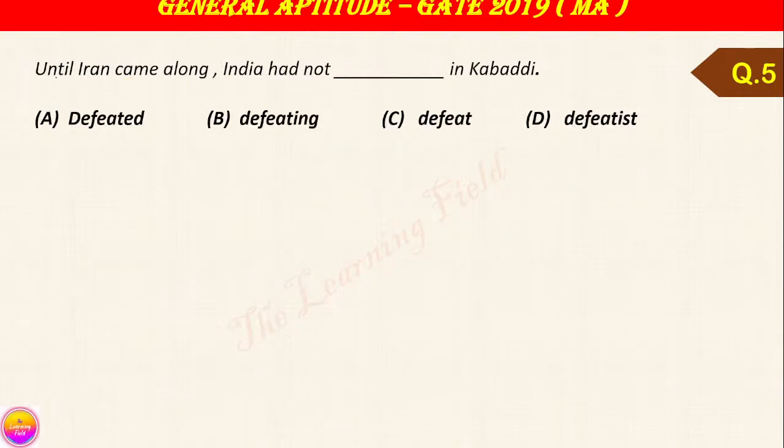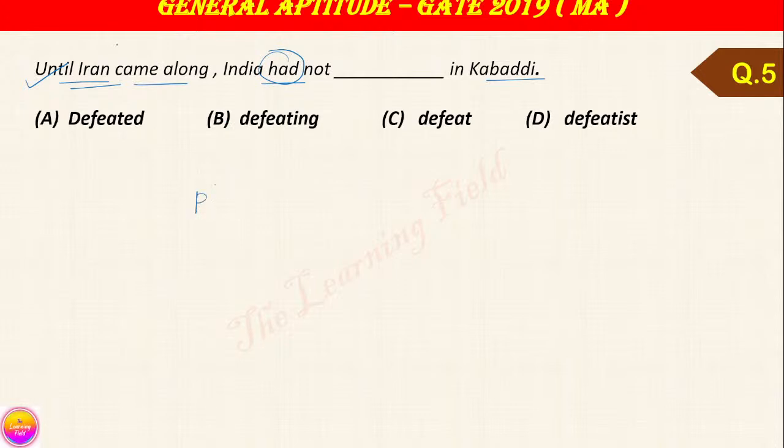Question number 5 says: until Iran came along, India had not ___ in Covered D. Okay, this is a question from tense. We have to notice first in what tense the question is given. The question is given in the past perfect tense, because have, had, or had used in past perfect tense.